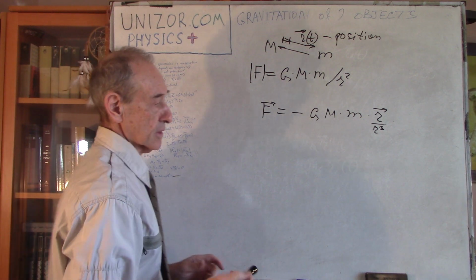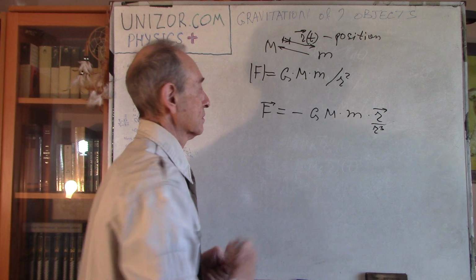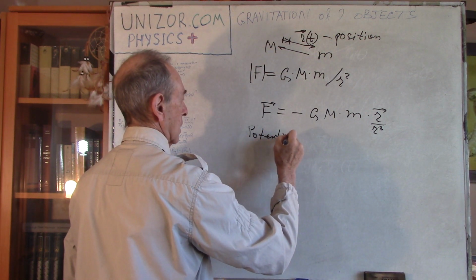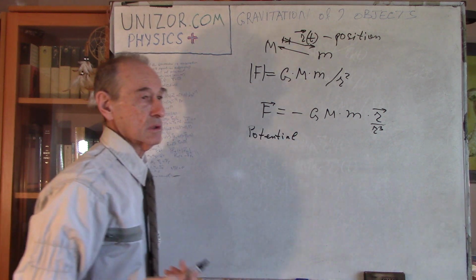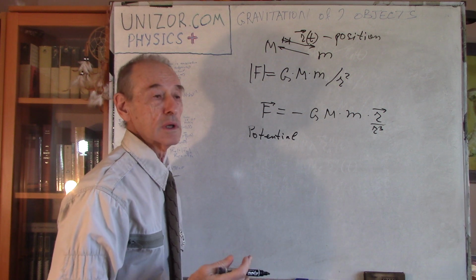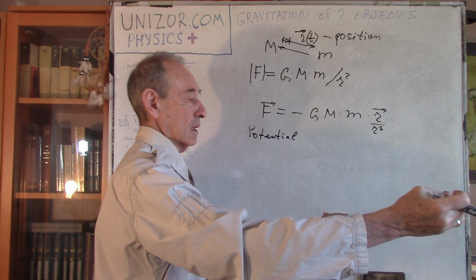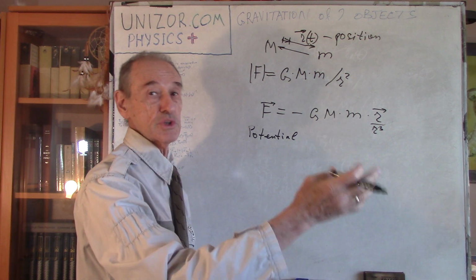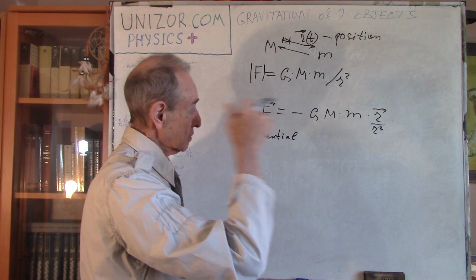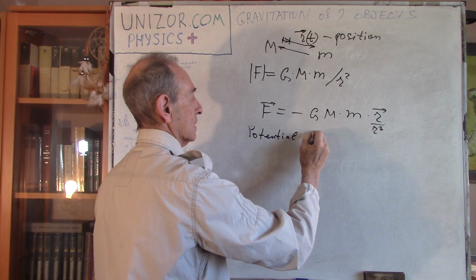Another interesting thing is, I would like to remind you of the concept of a potential. The potential of the field is the amount of work which the field performs when it moves a test object of unit mass, when lowercase m is equal to 1, from infinity to some point. That's the potential at a point.